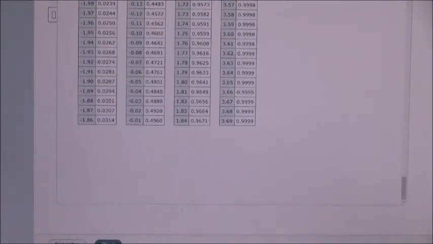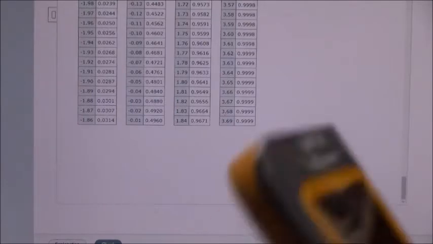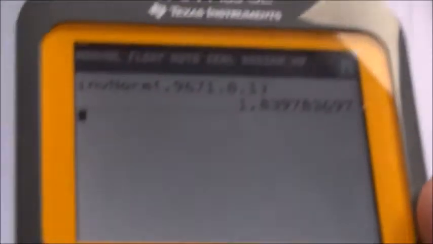So if we look at the next one there, I'm going to find the z-score. The area under the standard normal curve to the right is 0.8962. So if I'm finding the area to the right, I want to do 1 minus that value because the calculators are all going to the left. If I'm using my graphing calculator, again I'm using the inverse normal.